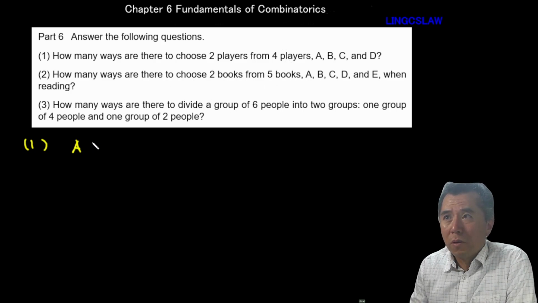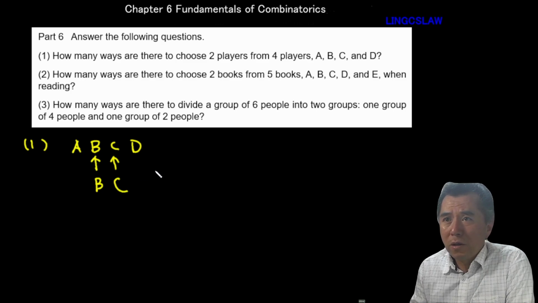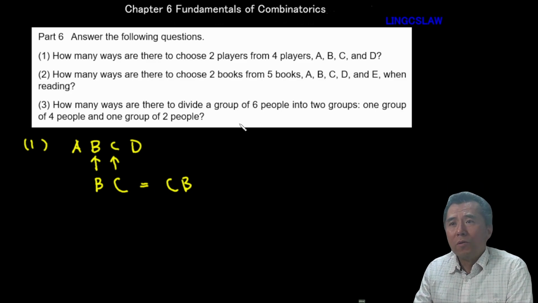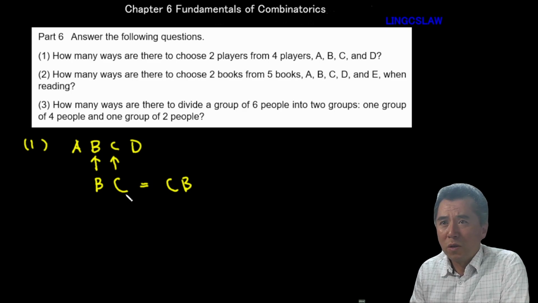There are 4 players, A, B, C, and D, and if you choose these 2 players, B and C, then B and C and C and B are the same. You don't care about the order of the choices.